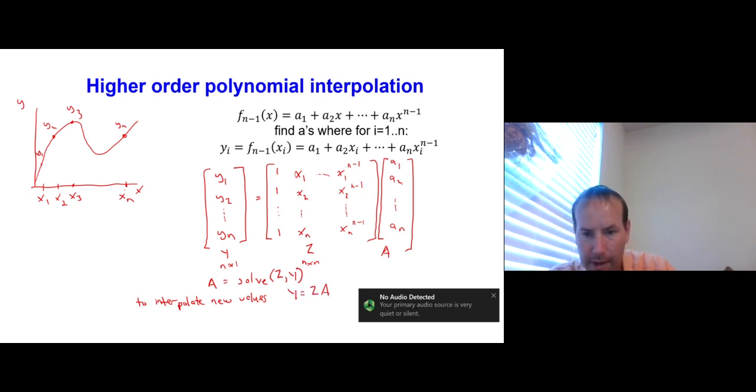Once you've solved for the a's, you can just multiply that by a new z matrix, in which you're putting in the new x values where you want the signal to be interpolated. Okay, so that's how you do polynomial interpolation, and in the next video we'll talk about B-spline interpolation.